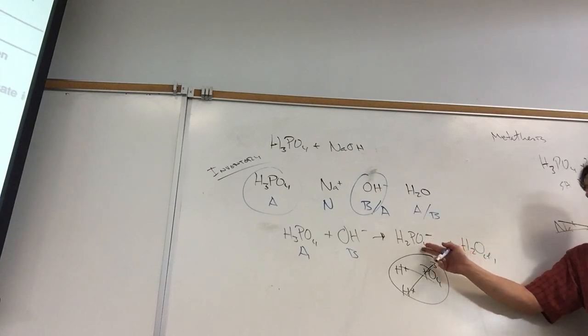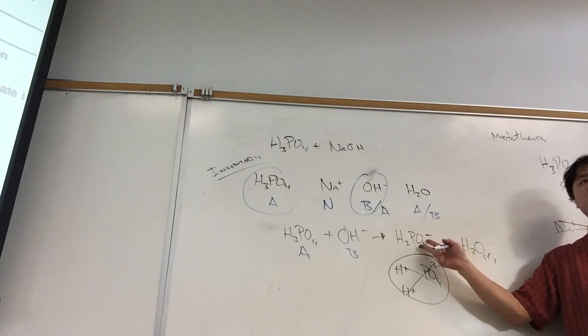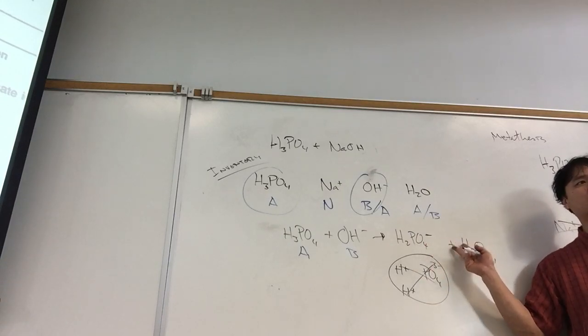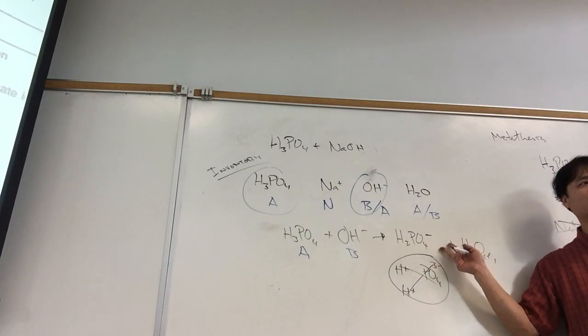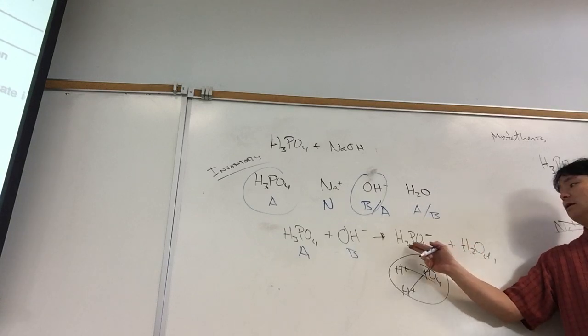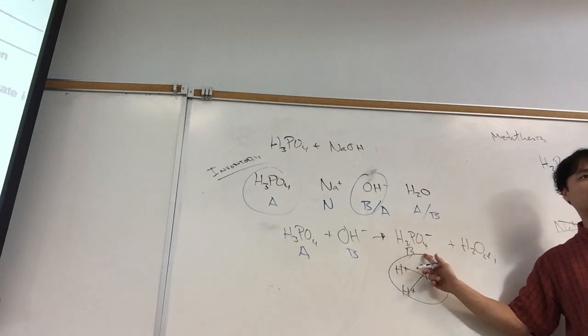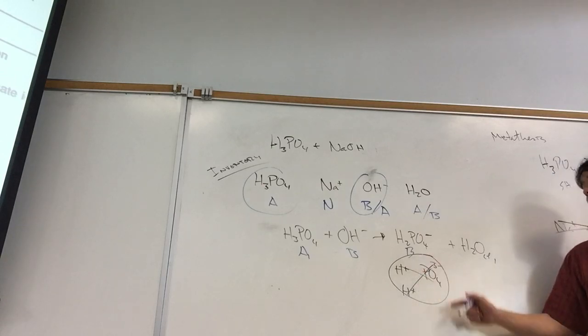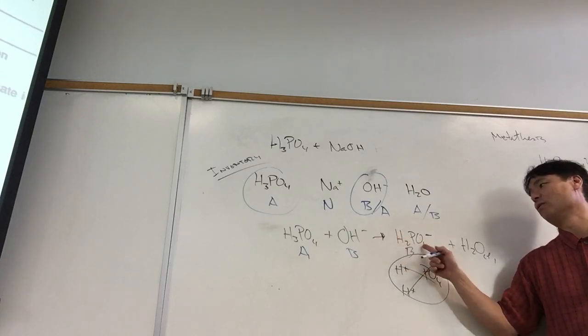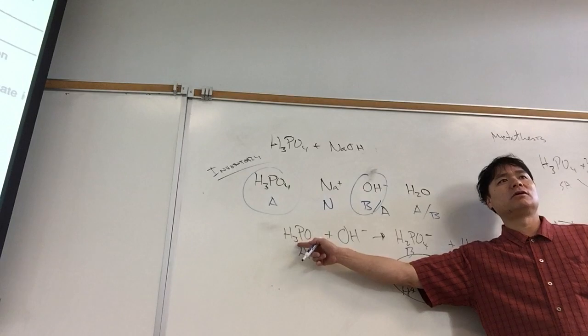And so what we look at is H2PO4- is both an acid and base, but in this reaction, this is going to be the base. The base is correct. How do you know? Because if we went backwards, H2PO4- gains an H to go to H3PO4.